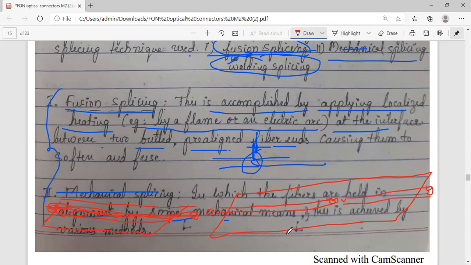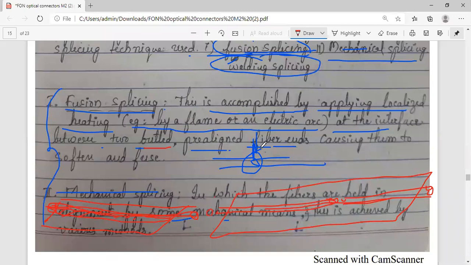We call these two optical fibers butted optical fibers. They are ready to be joined, and their alignment is what? The cores of both optical fibers are coinciding. They are exactly in line. They are pre-aligned. So butted means they are ready to be joined, exactly aligned. That is called butting, butted together.